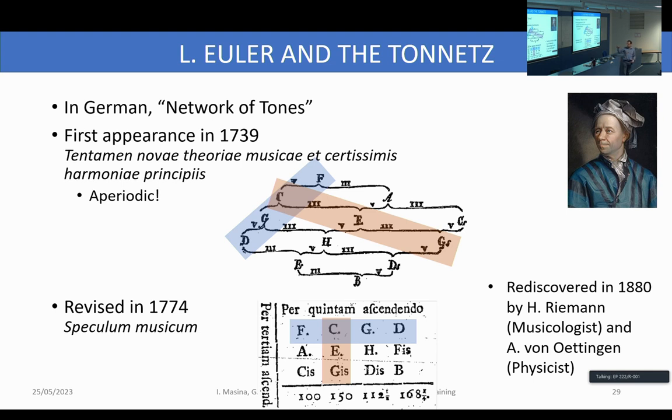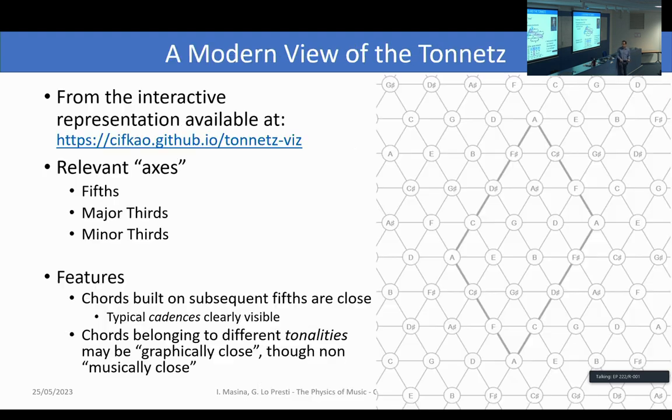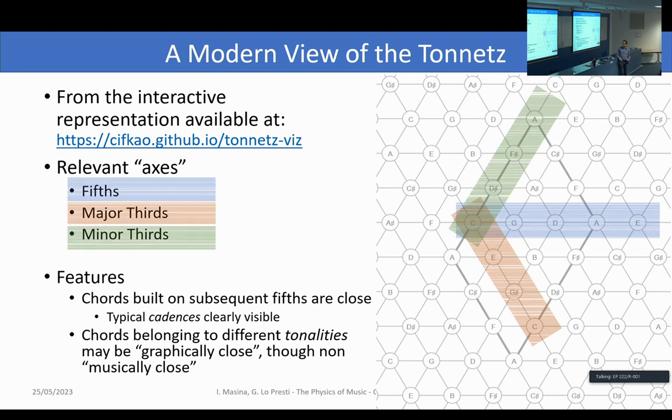So this was even rediscovered by musicologists and physicists, and the way it looks today is this kind of lattice, where you can recognize all of the notes very nicely organized with those three axes in this way. And focusing on the 12-tone equal temperament now, you see this kind of lozenge is actually all of the tones, and then the rest is a periodic repetition of that.